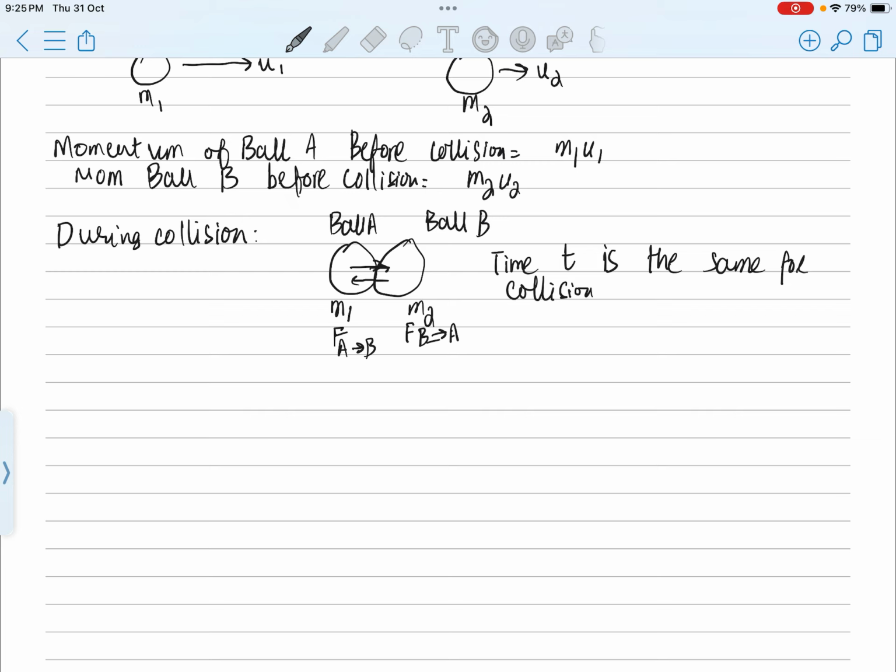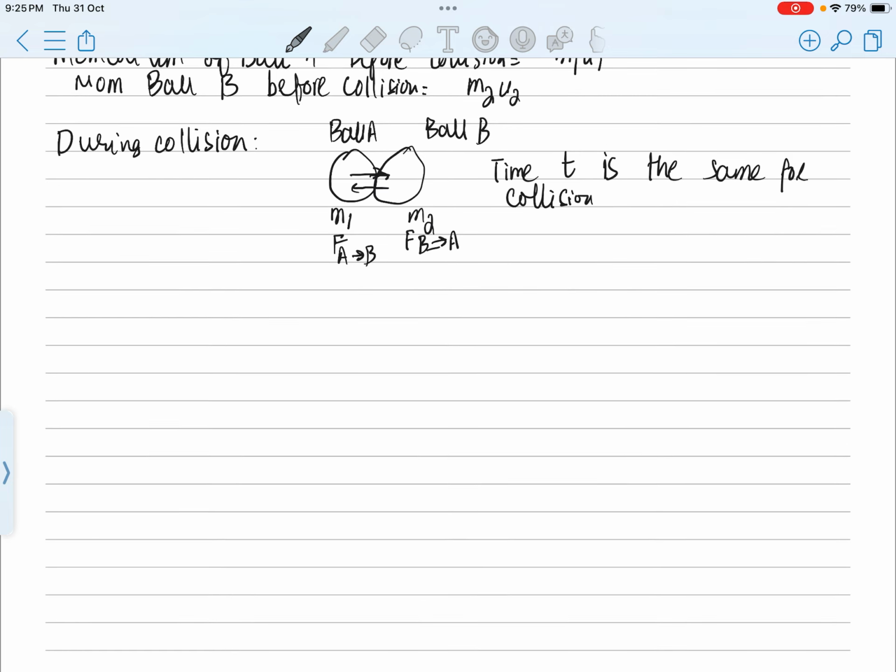Now we know that force changes the momentum of an object. The force exerted by ball A will change the momentum of ball B with respect to time, and the force exerted by ball B will change the momentum of ball A. So can we say that F exerted by ball A on ball B is equal to minus FB/A, because we're taking this direction as positive and this as negative.